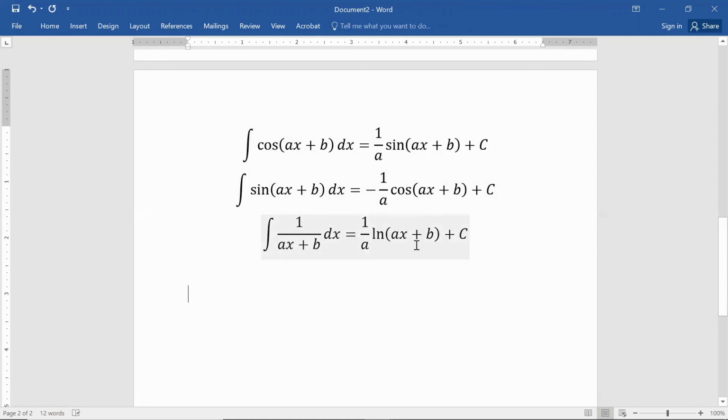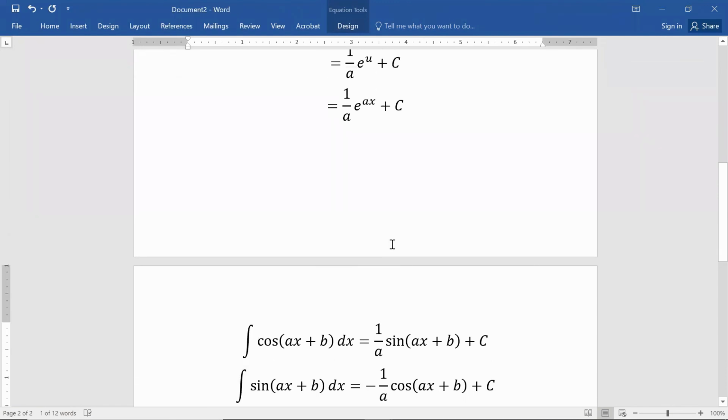So with linear arguments, substitution works out really, really nicely, where I can just take the antiderivative of the linear argument and then divide by a, or multiply times 1 over a, a being the coefficient of x.